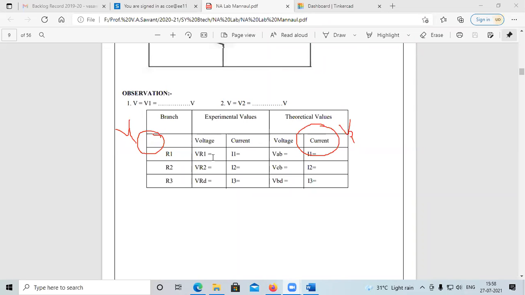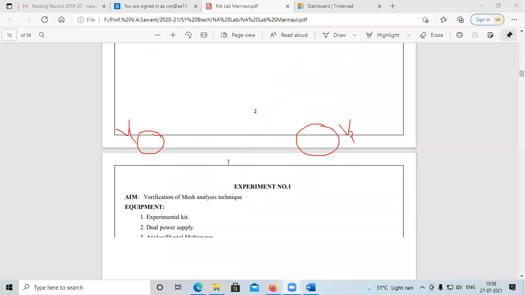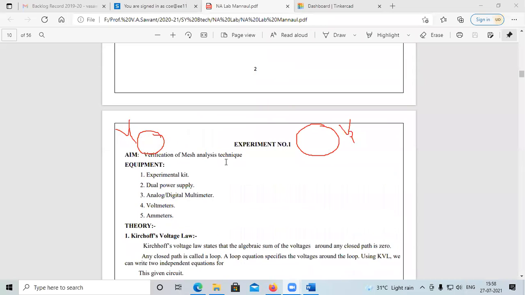Experimental value is nothing but while performing this experiment we will write whatever values come, and this value can be written right here, and you calculate this value theoretically. So calculate the theoretical value, and this theoretical value can be written right here. And the experimental value, that means while performing by using Tinkercad, this value can be written here.